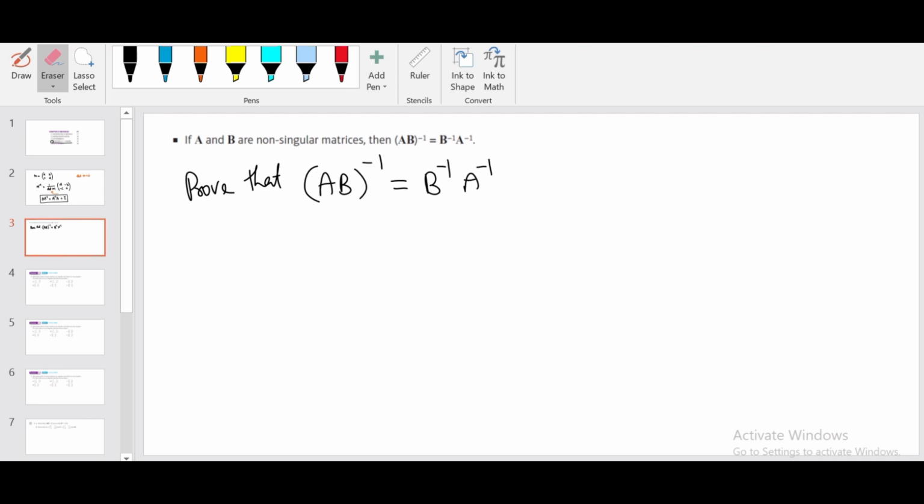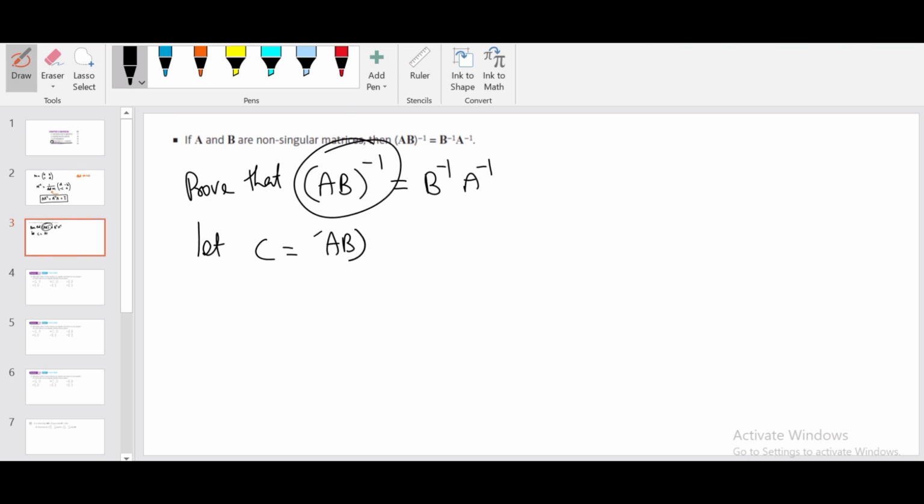So I'm going to show you the proof here. I want you to pay attention closely. First, we are going to take this whole thing as a matrix; take it as C, (AB) inverse. So when you multiply both sides by AB, AB is a matrix, you will get this.